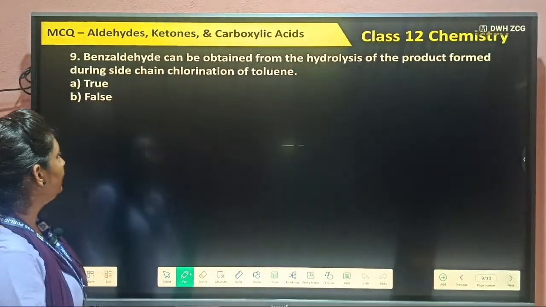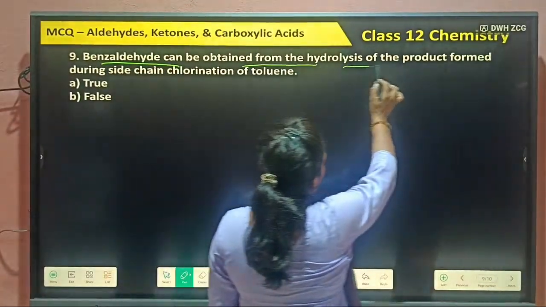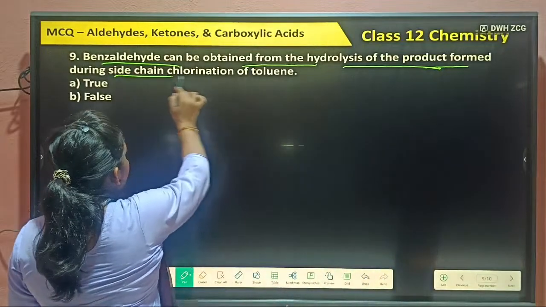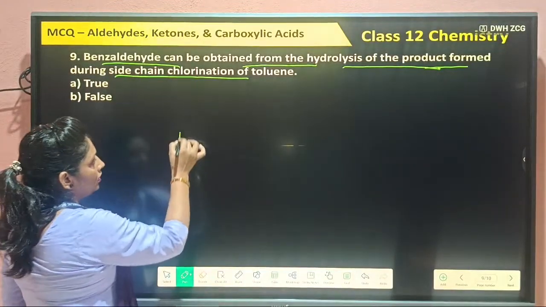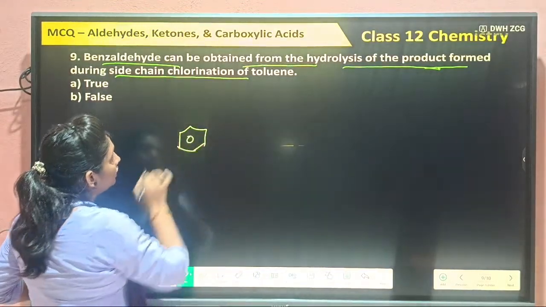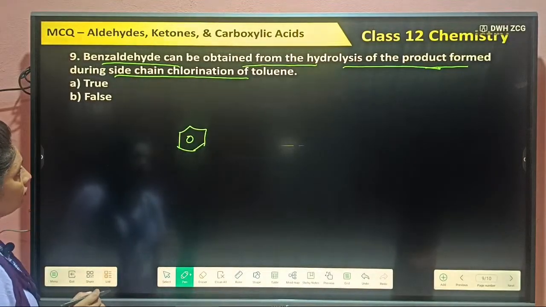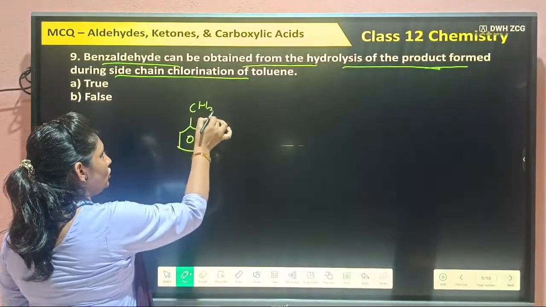Question number 9: benzaldehyde can be obtained from hydrolysis of the product formed during side chain chlorination of toluene. Yes. If you have toluene, this is toluene.